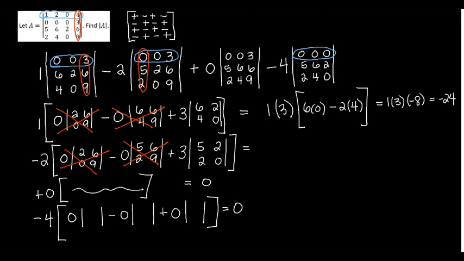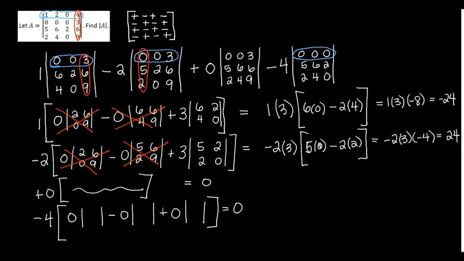And for the second big term, we've got negative 2 times 3 times the main diagonal, 5 times 0, minus 2 times 2. Gives me negative 2 times 3 times negative 4, which gives me 24.